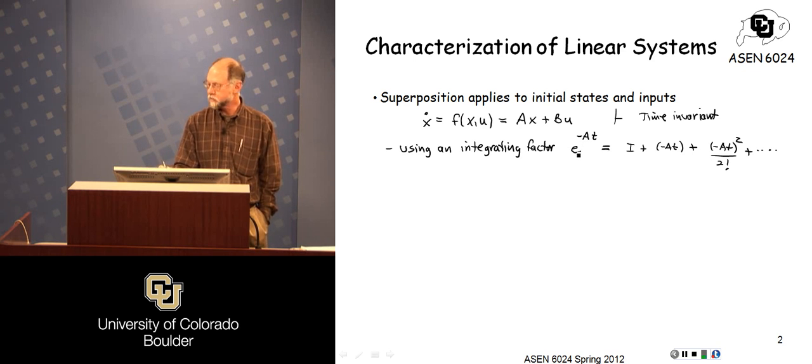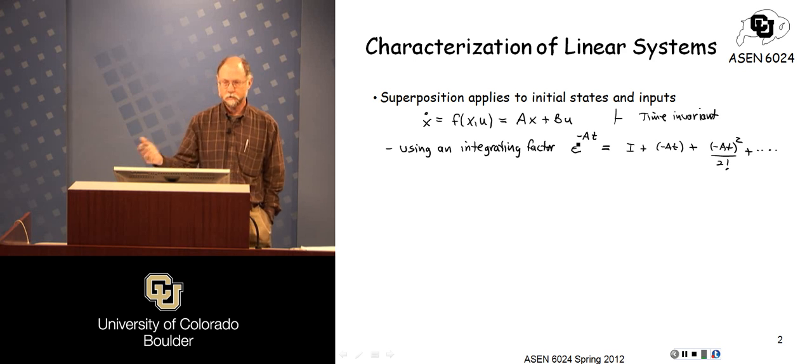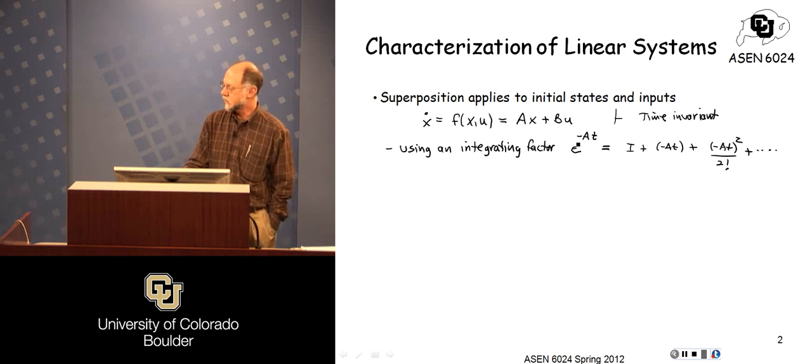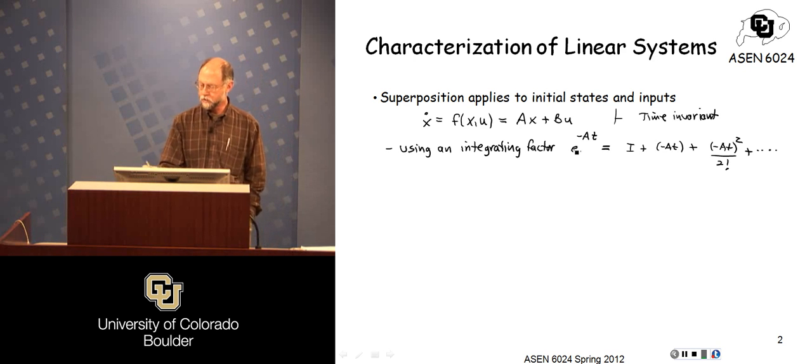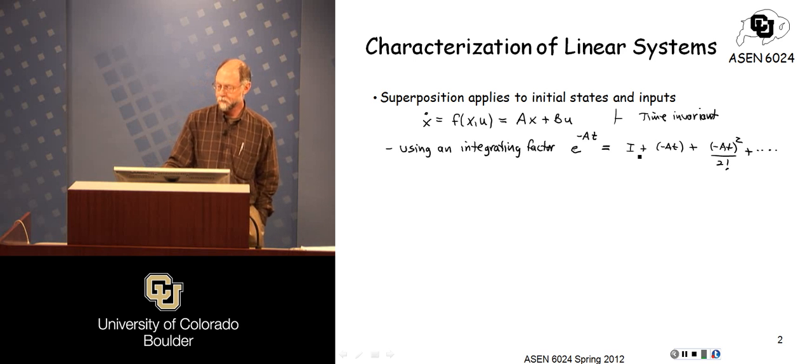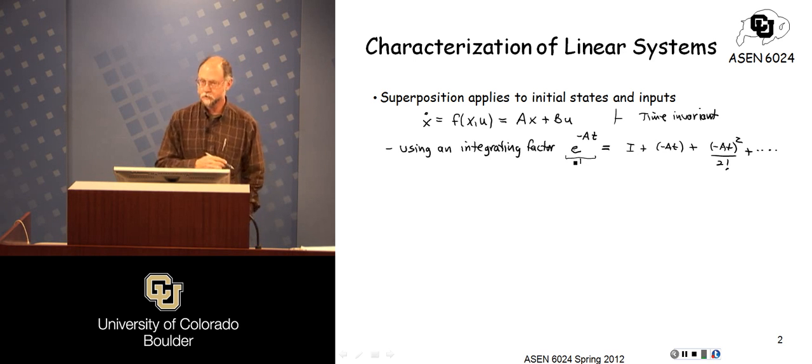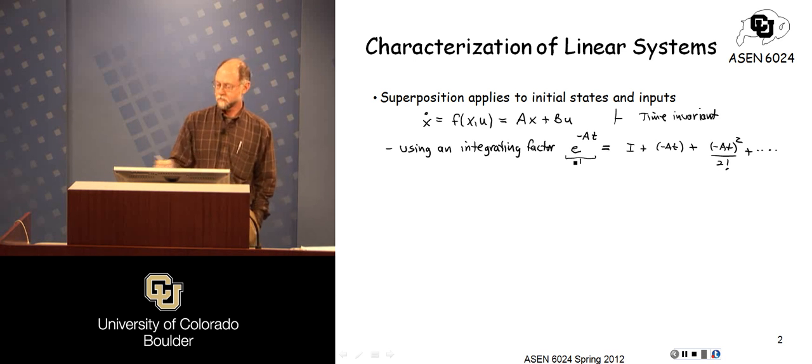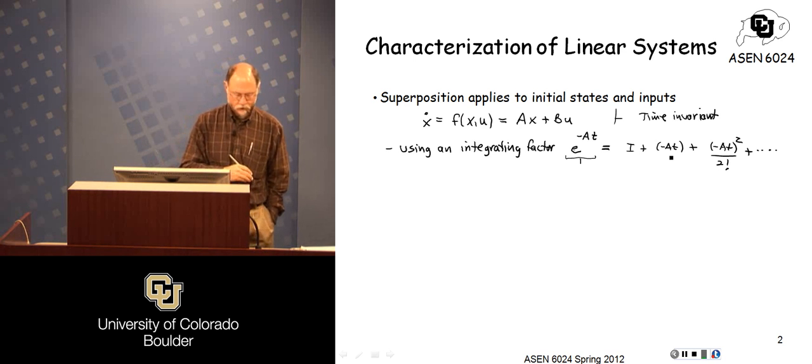So if you differentiate this with respect to t, you get the expected thing where the A comes down in front, like you would have with an exponential function. That isn't obvious from this form, but if you take the series form, you can prove those kinds of properties. So that's why this thing is used a lot, even though by itself it doesn't really mean anything. It's the series that's really what's going on there. So anyway, we can take that, and we can write down the solution for x of t.